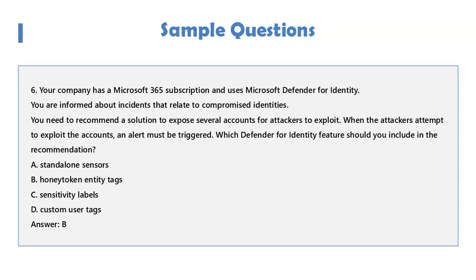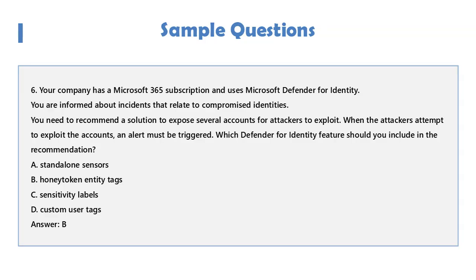6. Your company has a Microsoft 365 subscription and uses Microsoft Defender for Identity. You are informed about incidents that relate to compromised identities. You need to recommend a solution to expose several accounts for attackers to exploit. When the attackers attempt to exploit the accounts, an alert must be triggered.